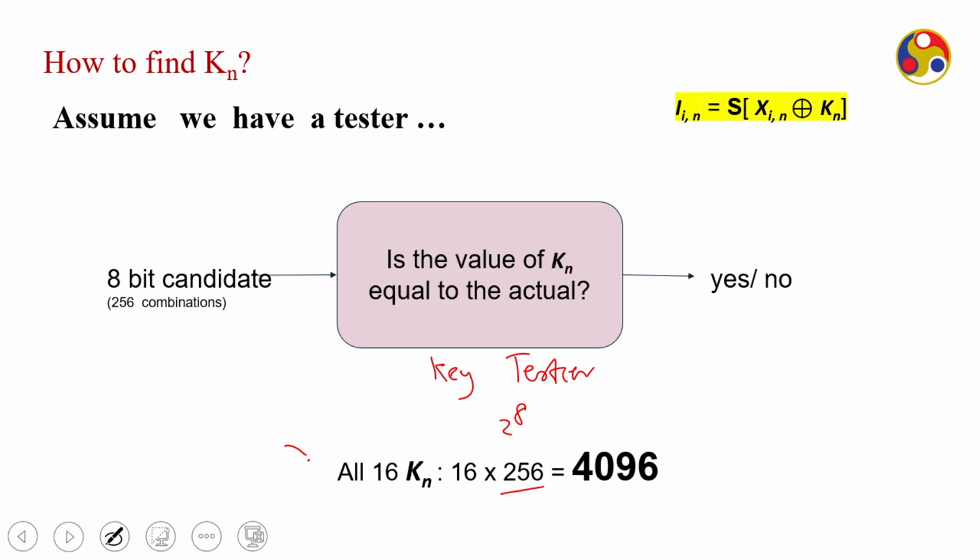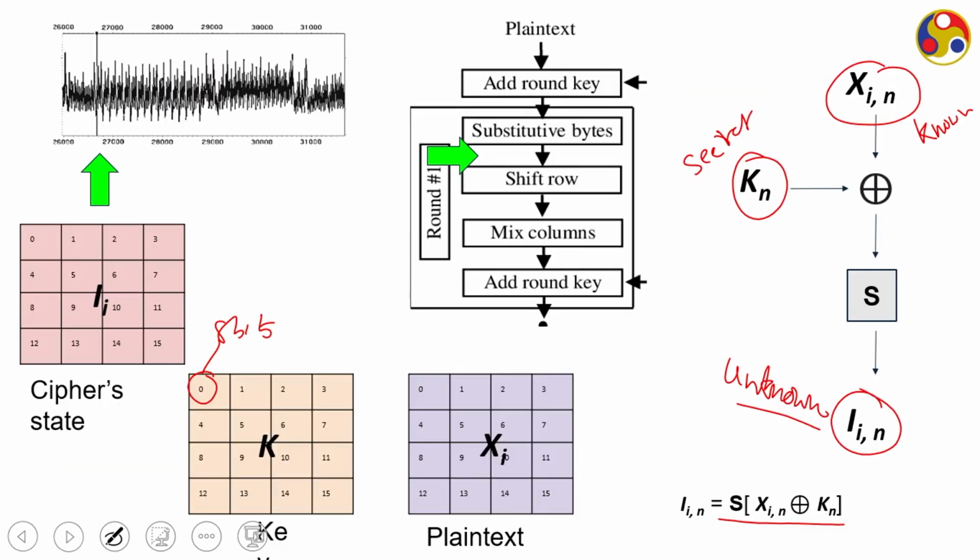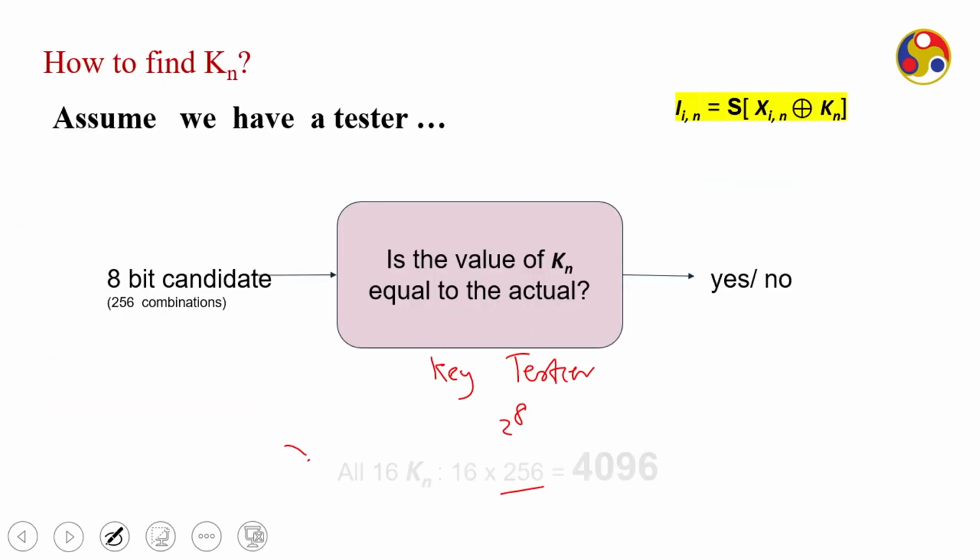To identify this key, I have to try at most 256 values, and I have to try such 16 times, then I will get the entire key. So, this is the idea. Effectively you have to do the entire thing at most 4096 times to get the entire key. So, this is what has basically been done.